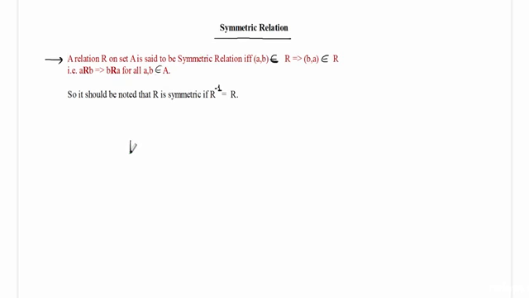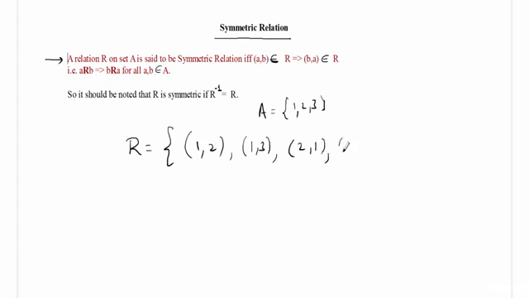For example, take a relation R of this type. Say the set is A = {1, 2, 3}. Then the relation R is {(1, 2), (1, 3), (2, 1), (3, 1)}.